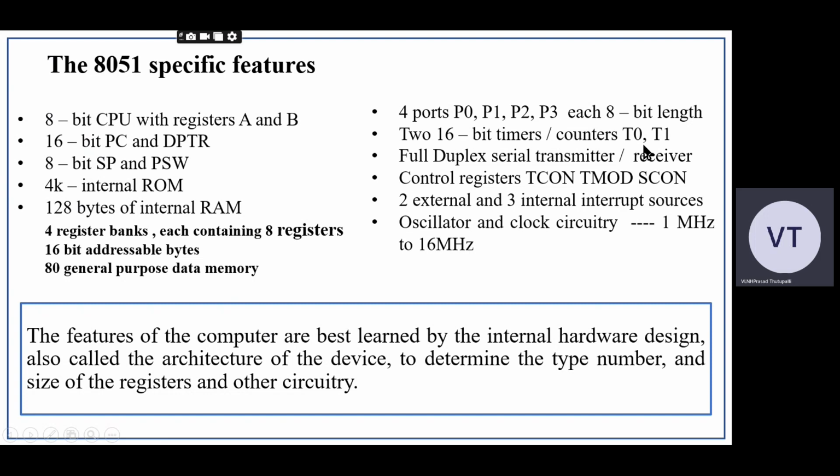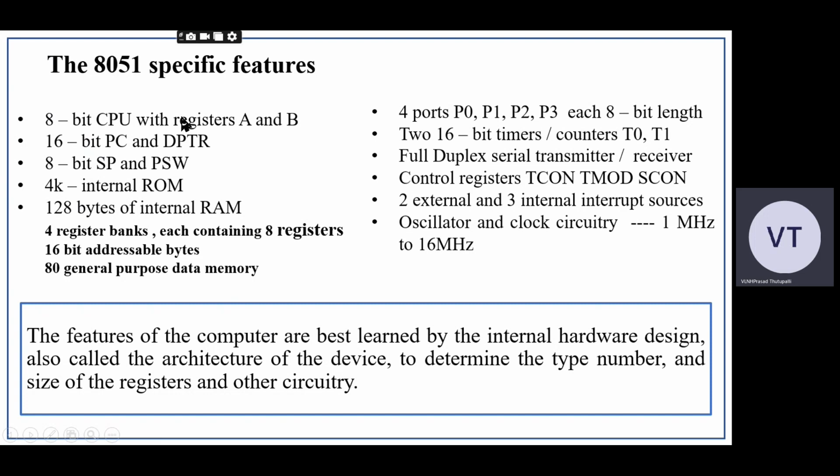We know what is meant by a counter: a counter counts the number of clock pulses arriving at it. A timer generates timing signals. And there is a full duplex serial data transceiver, a serial communication section, in this microcontroller.